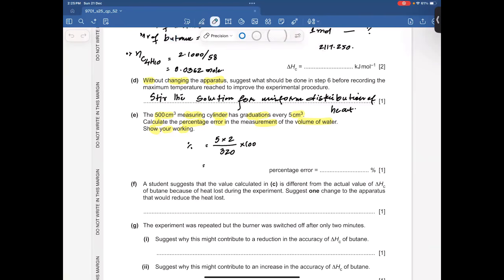We need to divide this 5 by 2, then by 320, times 100. Let me check. 5 divided by 2 divided by 320 times 100 is 0.78125.